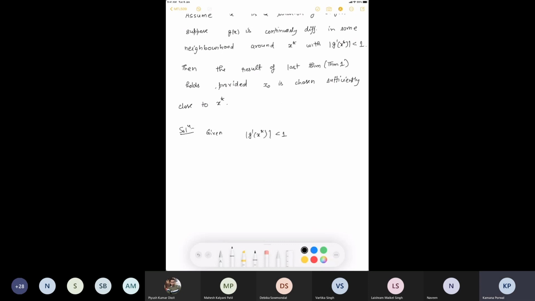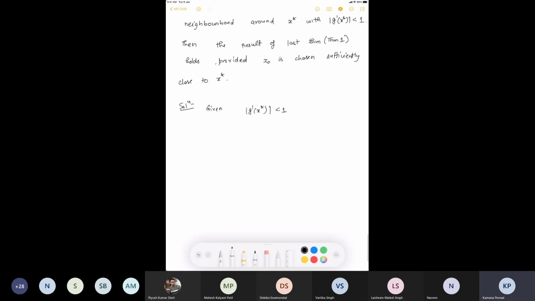I want to get hold of one interval, let's call it I, on which the maximum of the mod of g prime of x is, it might be less than or equal to something, but I want that to be strictly less than 1.